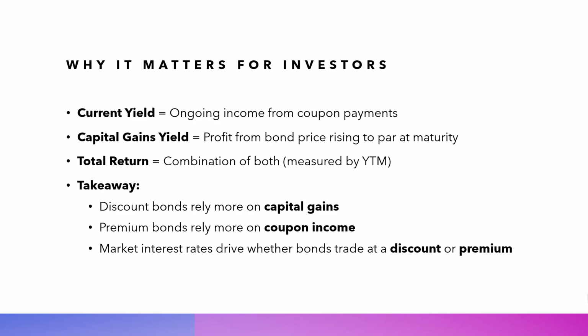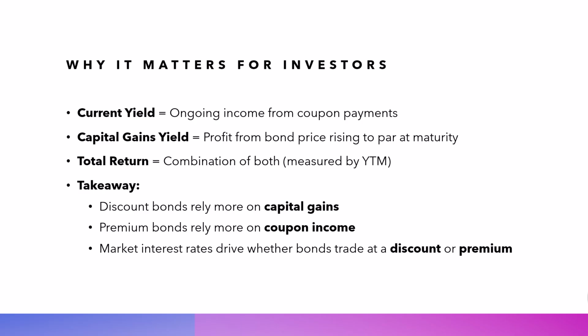The second thing, understanding the total return. The total return, which is the yield to maturity, combines both coupon income and capital gains or losses. For an investor, total return is the most complete measure of expected performance because it accounts for all cash flow and the price movement. The third thing, discount versus premium bonds.